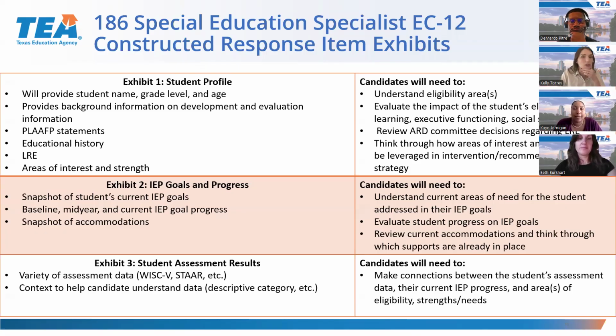They need to be also within that first exhibit able to think through how the student's areas of interest and strength can be leveraged in their recommendation of a strategy or an intervention.